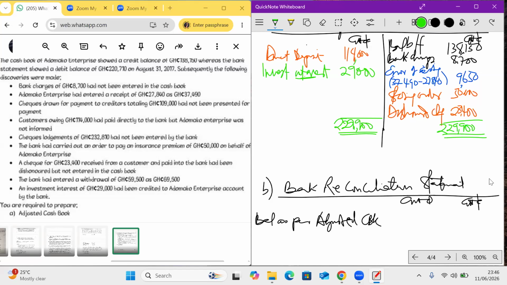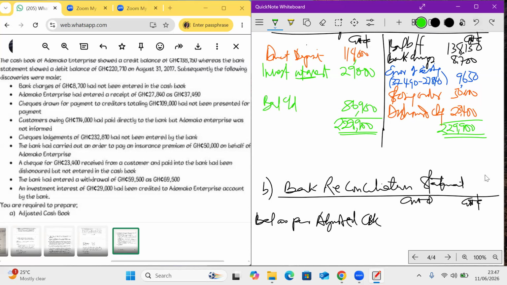Then plus 29,000, that's 143,000. So I practice from the 29, 229,900. 143,000 and 86,900. Now it means when you add all these three, you get the 229,900. Balance carried down. What next?